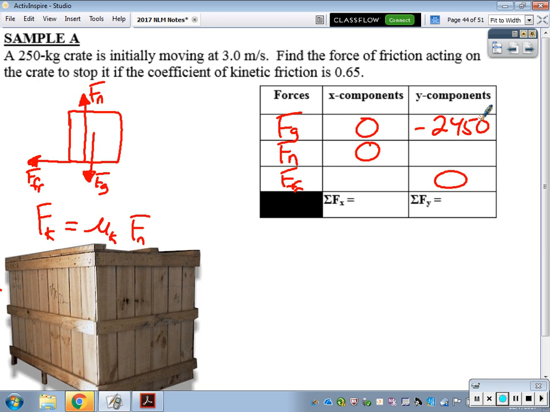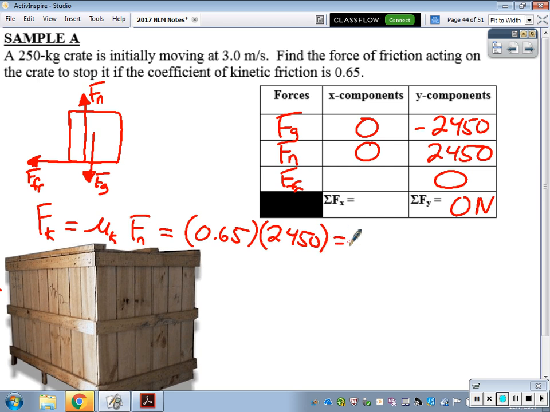Is this crate accelerating vertically? No. So what does that mean? The sum of the forces has to be 0 newtons along our y-axis at least. Okay? And then what would that make the normal force? The positive 2450. Okay? So then all we would need to do here is mu k, which is our 0.65, and remember that is a unitless quantity, multiplied by our normal force of 2450.